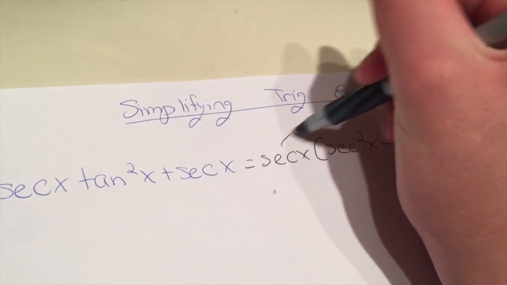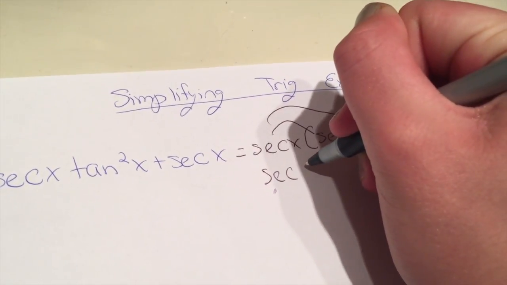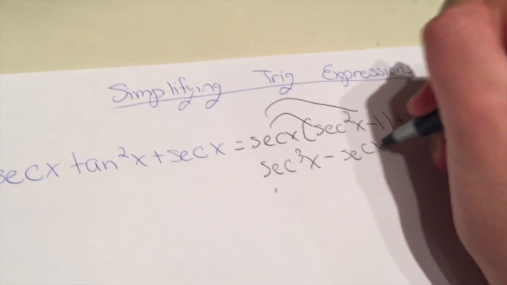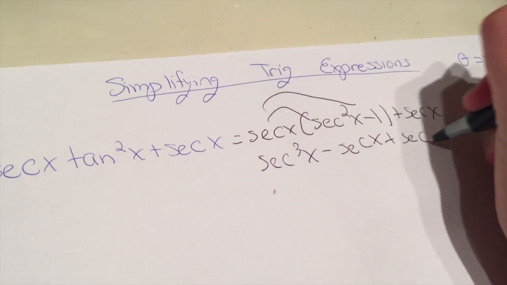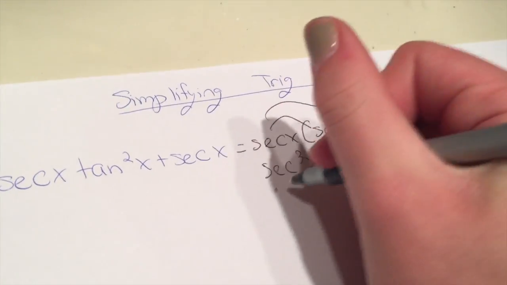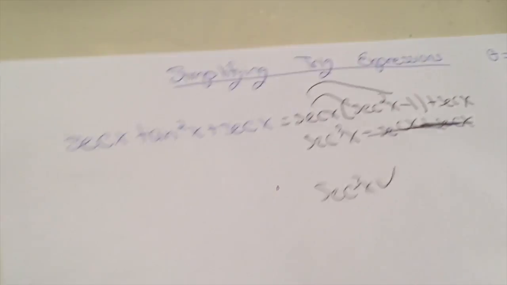Now we're going to distribute this way, and we're going to get secant cubed x minus secant x plus secant x. These cancel out, and we're left with secant cubed x, which is the answer.